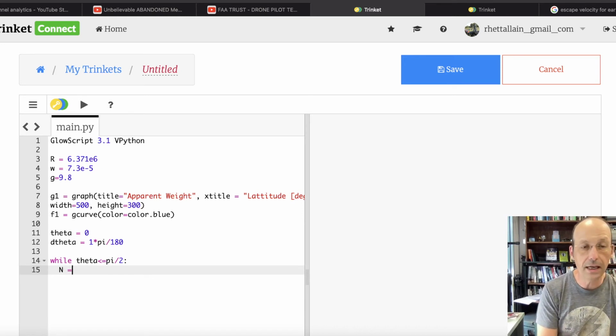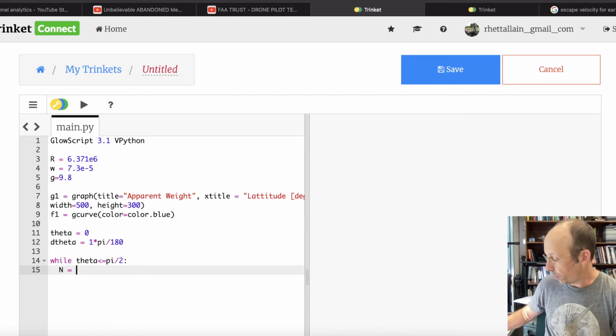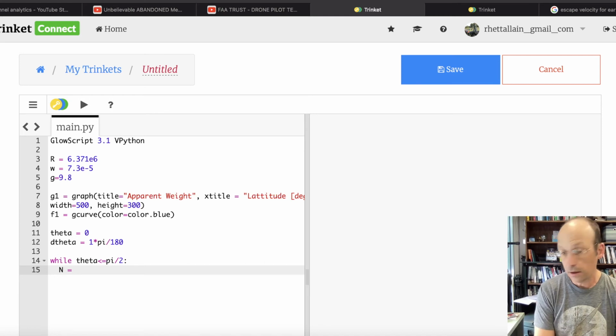So I'm going to say N equals, and I'm going to divide everything by G. So this will be N in G's. And now I just have my equation right here. I'm leaving off the M. I'm going to divide by mg.